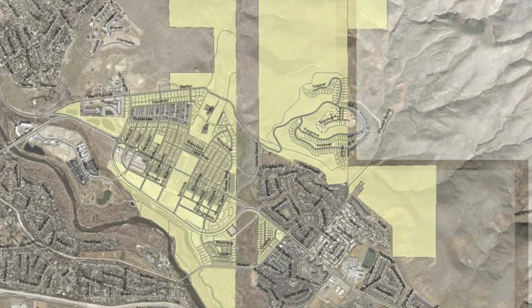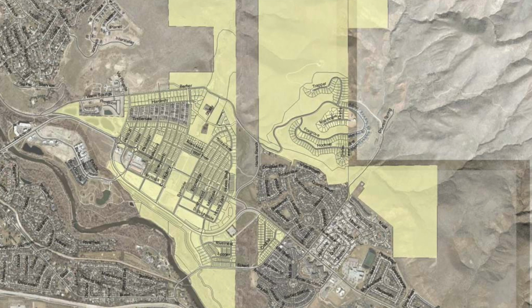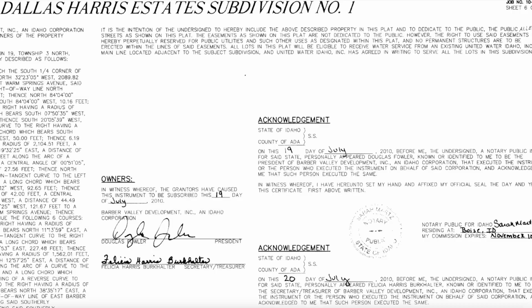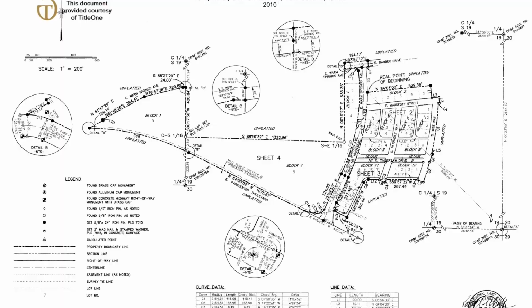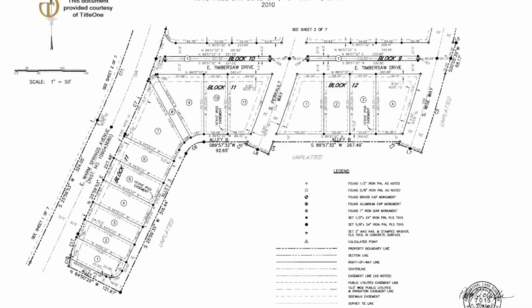That was developed by the Harris Ranch family, the Barber Valley Development, and Boise Hunter Homes as well. They began that, and then most of those Park Boulevard townhomes were built when it was Tahoe Homes and then switched over to Black Rock, same owner.